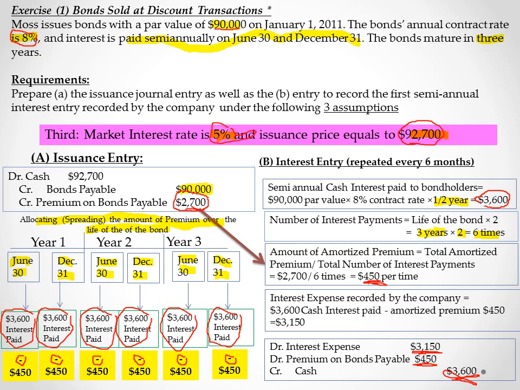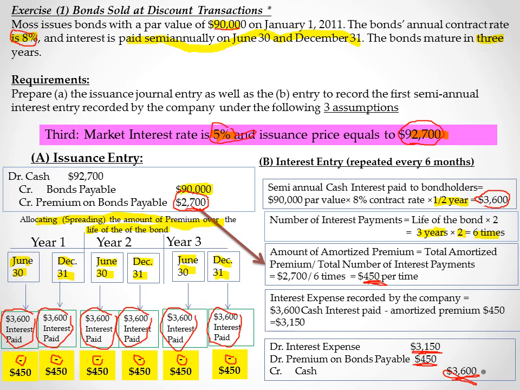So now we need to consider the premium amount. The premium amount here is 2,700. We need to do what? We need to allocate the amount of this premium over the life of the bond. So this 2,700, the company will treat as extra revenues they received. So they will allocate it over the lifetime of the bond.